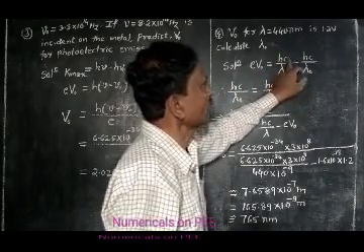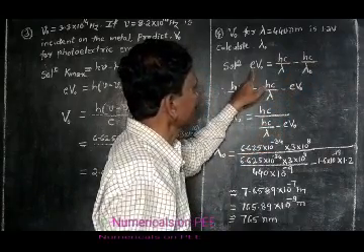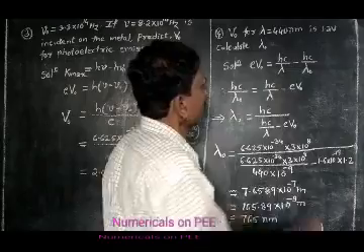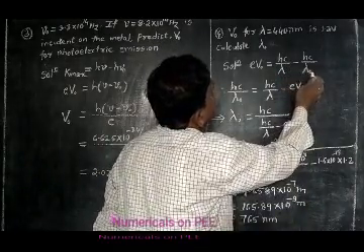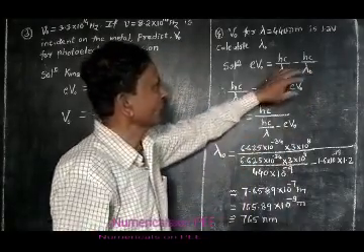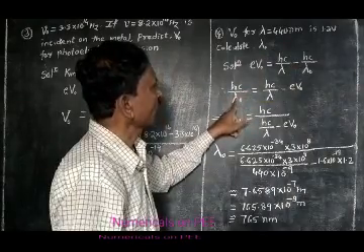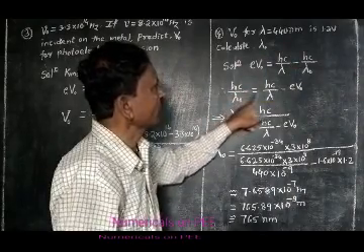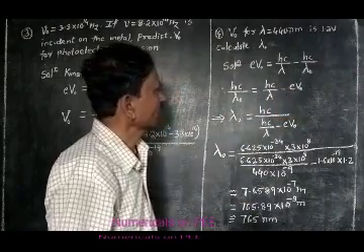Here h, c are constants, e is also constant, and lambda is given, lambda naught to be calculated. Therefore rearranging this equation we get hc upon lambda naught is equal to hc upon lambda minus e V naught.